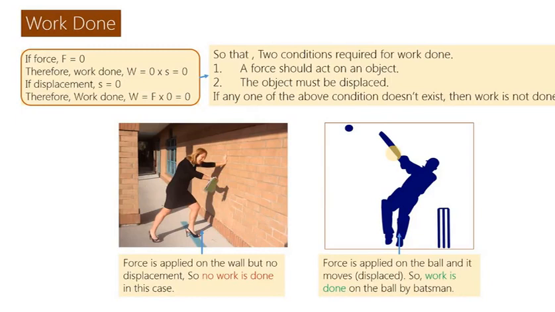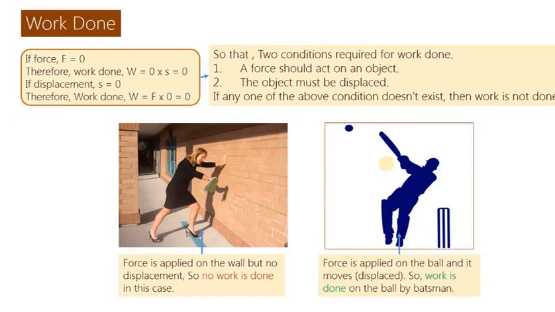So if a bowler throws the ball at the batsman, the batsman hits the ball and applies a force by swinging the bat. He hits the ball with a certain amount of force, and that ball is going to move a very long distance.